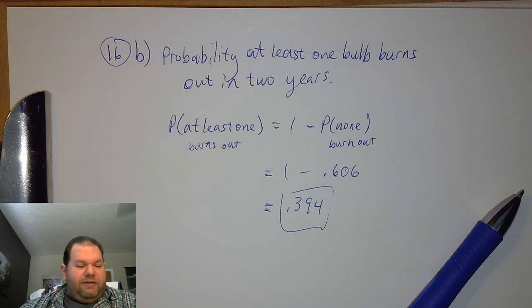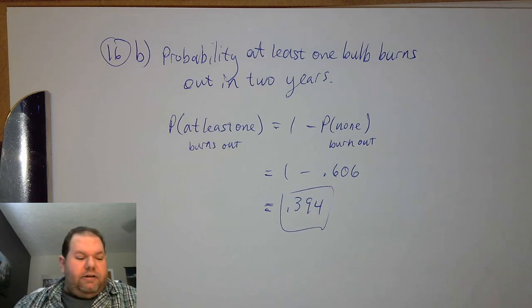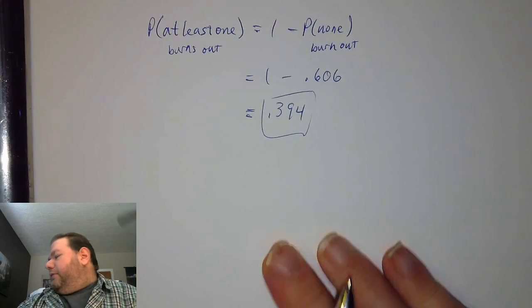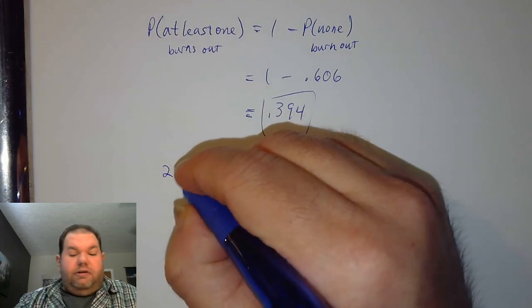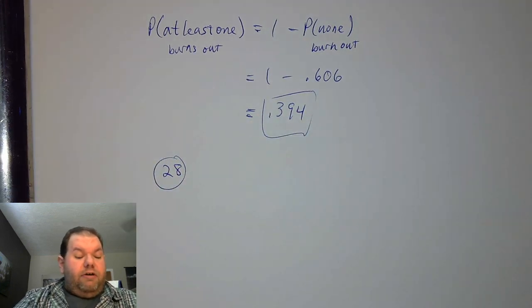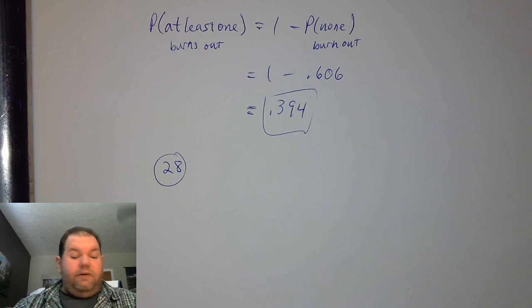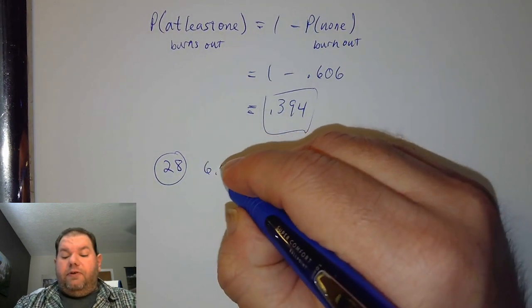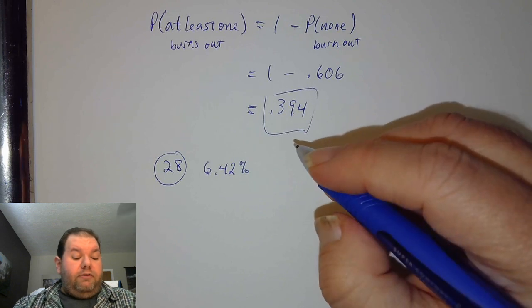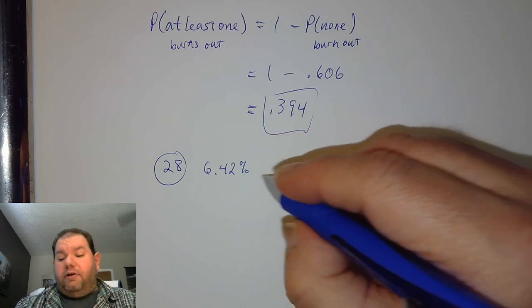This is a silly question, but I like it. Let's look at 28. According to the Internal Revenue Service records, 6.42% of all household tax returns are audited.